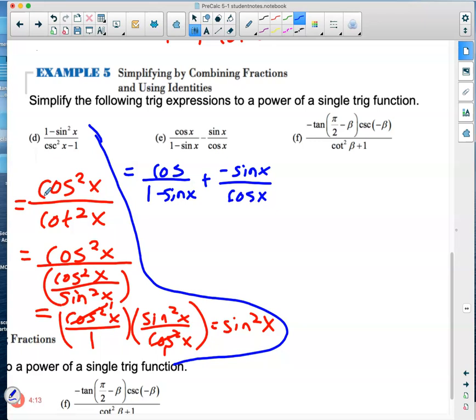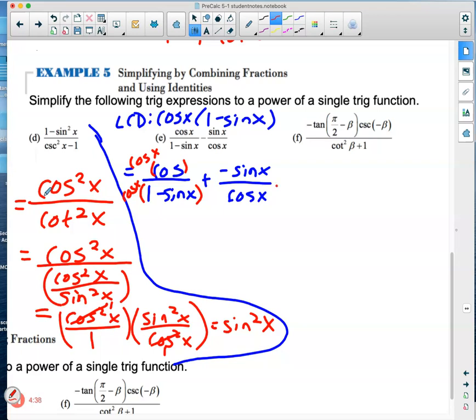And our least common denominator for this is going to be both the cosine of x and 1 minus the sine of x. So that means that the first fraction is going to be multiplied by cosine of x on the top and the bottom, which is good because that's going to create a cosine squared x in the numerator. So good news, let's keep going with it.